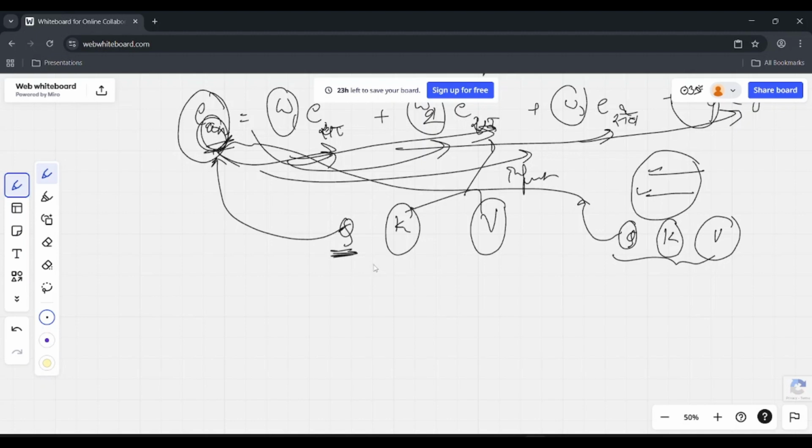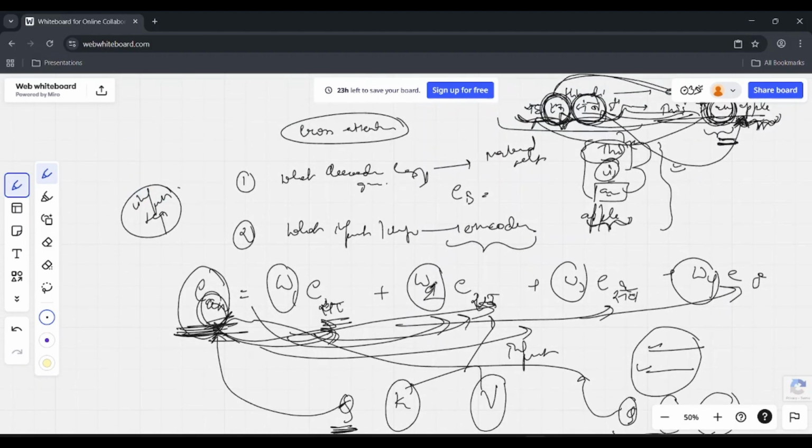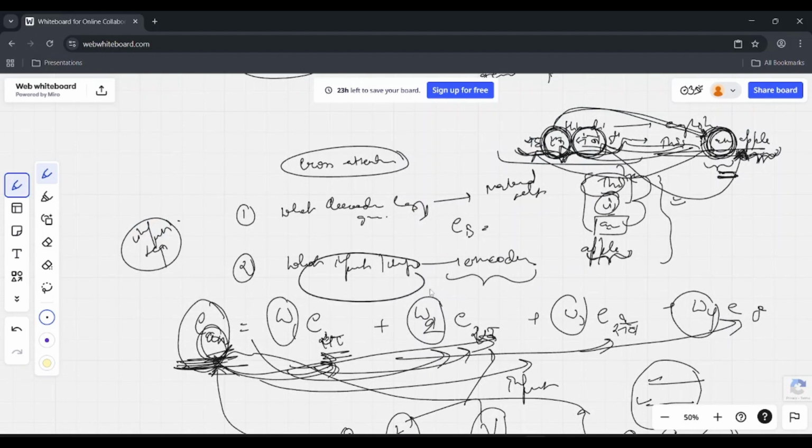And since every word will not have an equal importance, that is why we associate weights with it, right? So we are finding out the dependence of whatever output we have, seeing how much dependent our output is on our inputs. And that is how we encode this information through our cross attention.